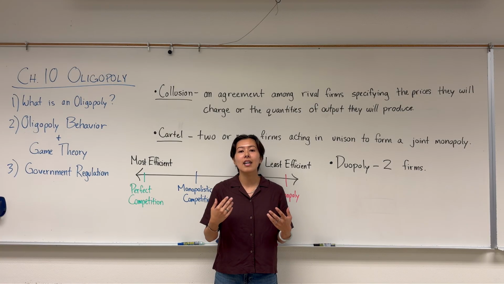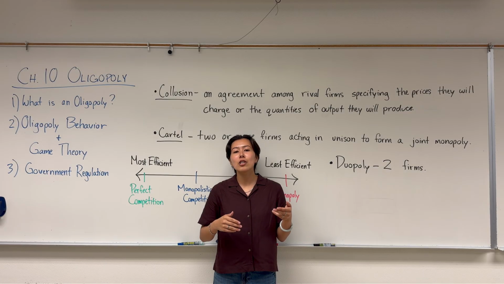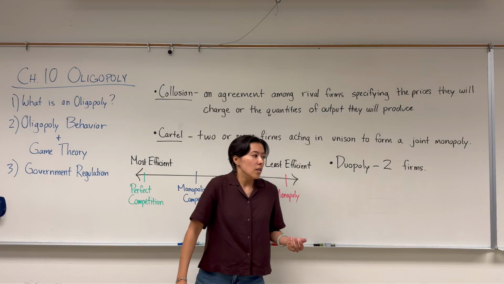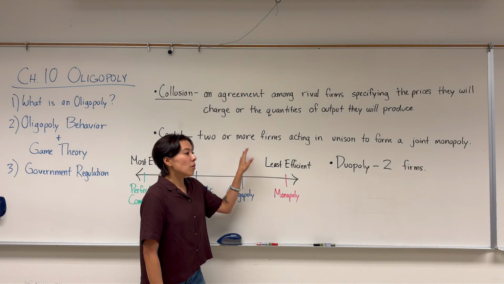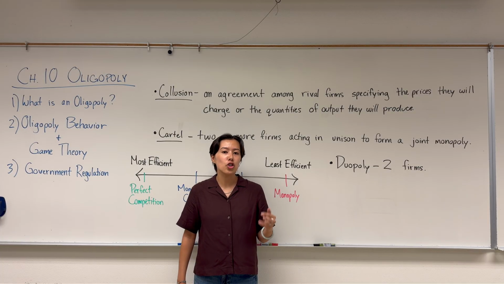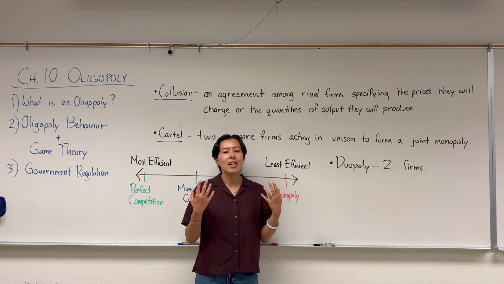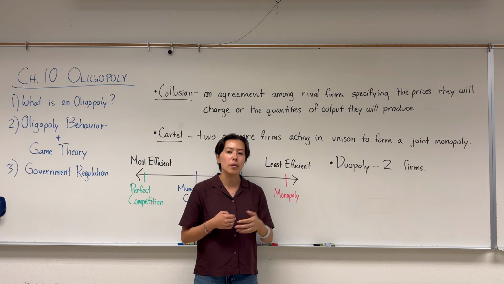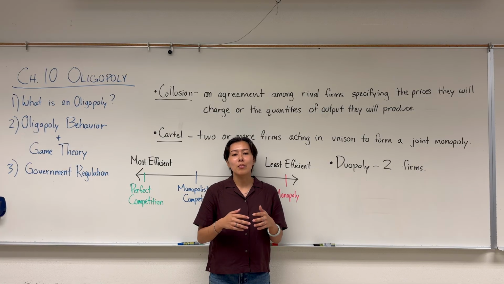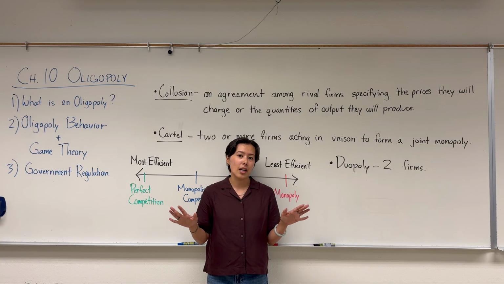They'll both realize that by cheating on this agreement, they can increase their profits at the expense of their rival firm. So this collusion is unstable because both firms in this duopoly have this incentive to cheat on the agreement. It's hard for them to keep this agreement in place and actually extract this joint monopoly profit. So then one firm is going to cheat, and then we go back to this independent duopoly where our firms are no longer working together.